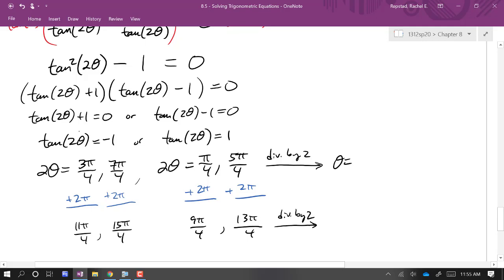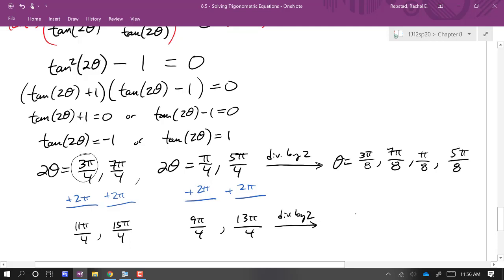So theta is equal to 3 pi over 4 divided by 2, which is 3 pi over 8. When you divide a fraction by 2, there are 2 ways to do it. You can either cut the numerator in half, which for us is not much of an option because they're odd, or you can double the denominator. So that's what I'm going to do. I'm just going to double the denominators for each of these fractions. So 3 pi over 8, 7 pi over 8, pi over 8, and 5 pi over 8.